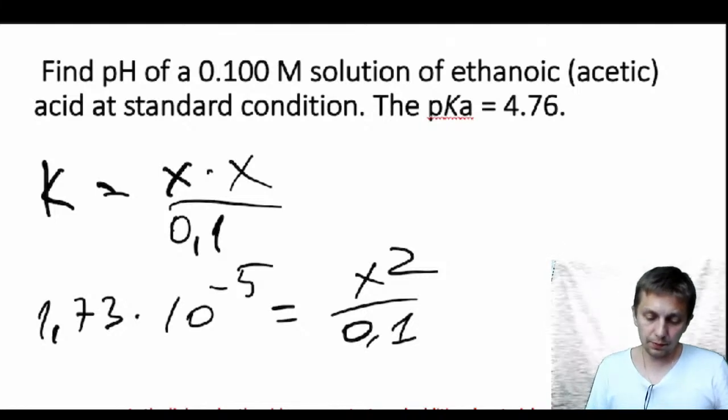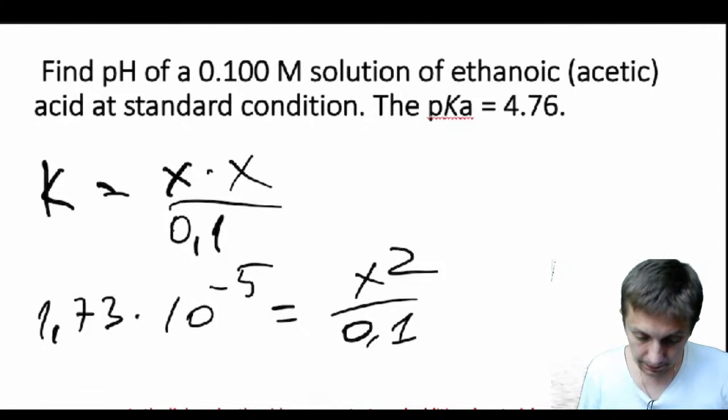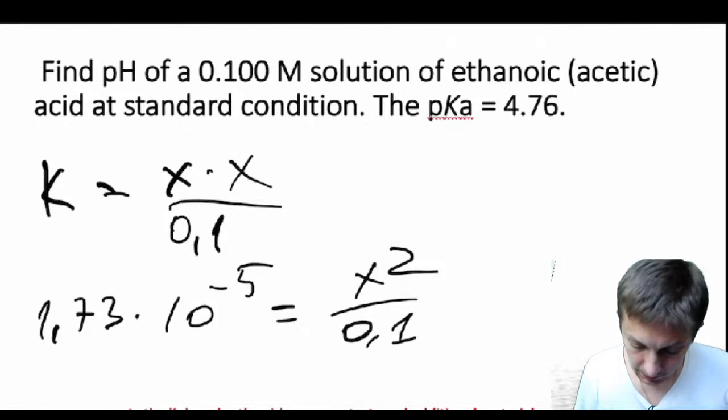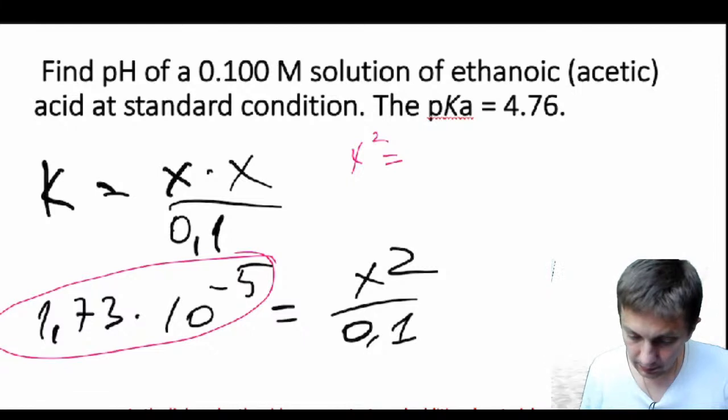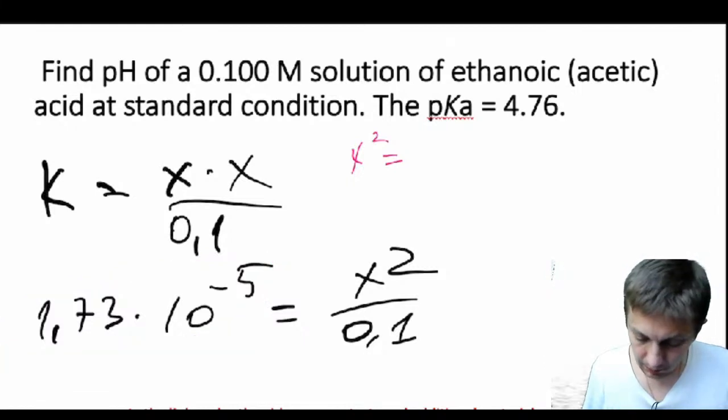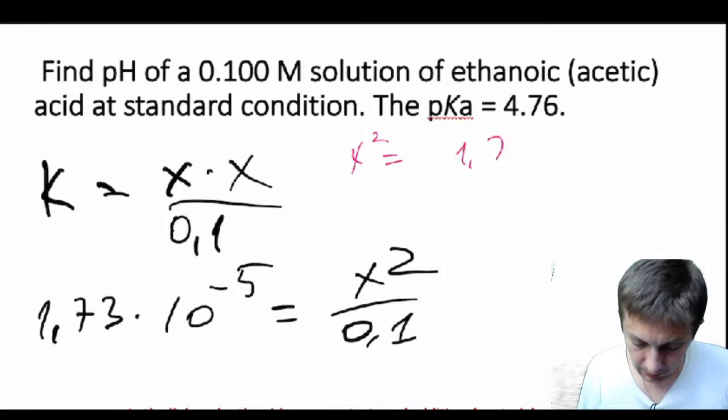And we need to solve this equation. X squared equals, if we multiply this by this, 1.73 times 10 to the power minus 6.